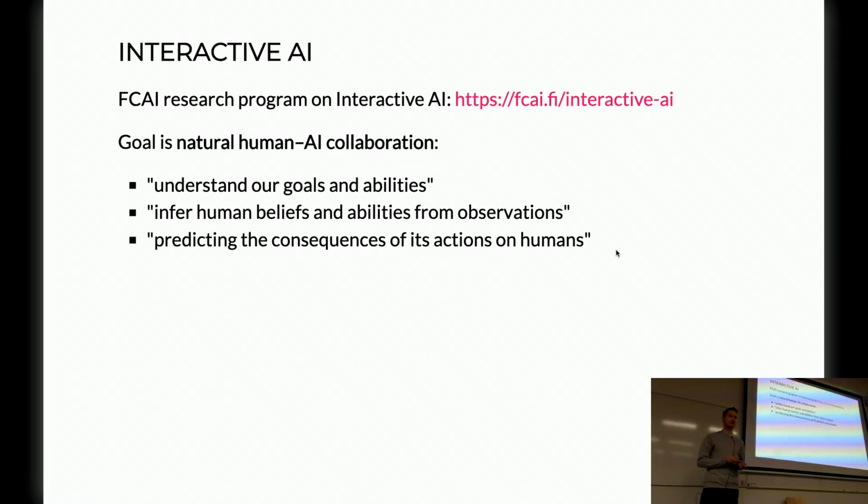And the idea is that the AI can understand the goals and abilities of the human users. So it needs to somehow model the human and infer beliefs and abilities from the interaction and observations. And then it should also be able to predict the consequences, like align its values with us.